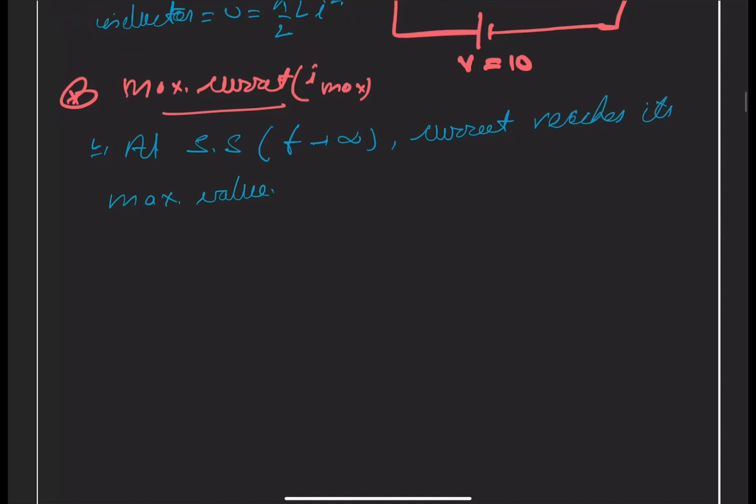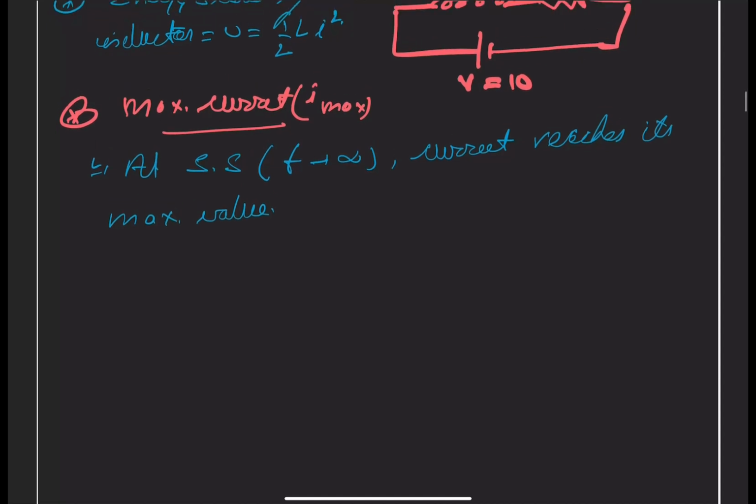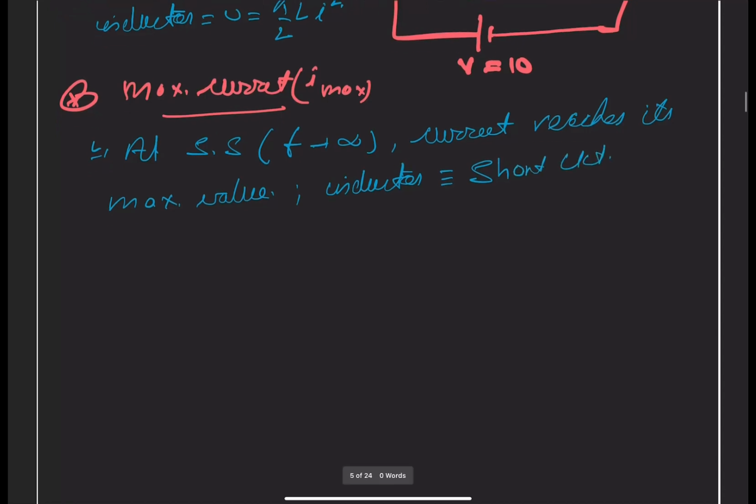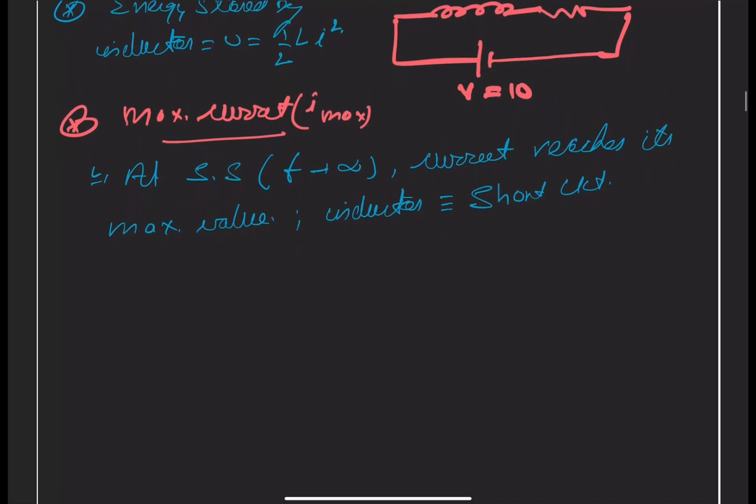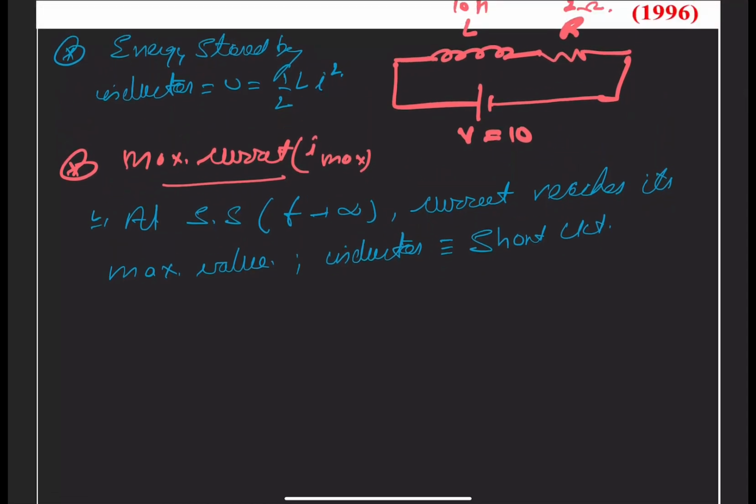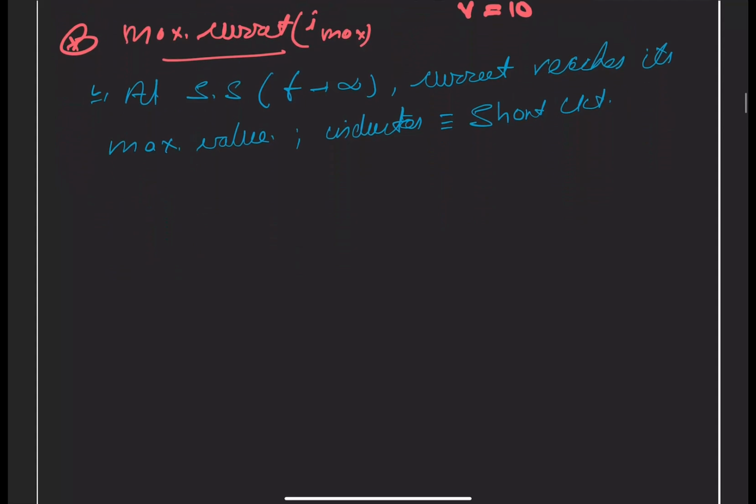And in steady state, we also know that our inductor will act as a short circuit. So now the current will be only dependent upon the resistance. So our maximum value of the current I max will be equal to V upon R. V is given as 10, resistance is 2 ohm. So we get this maximum current is 5 ampere.